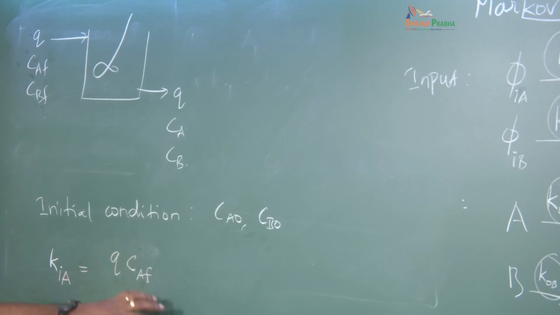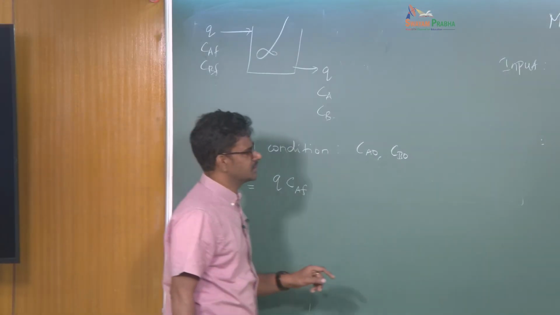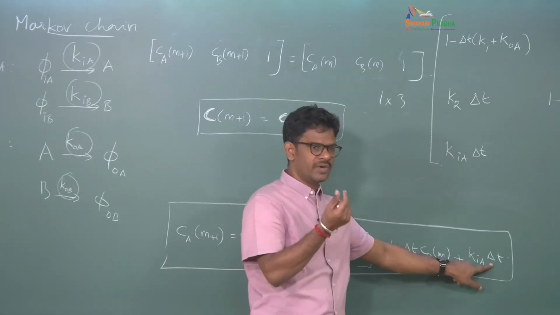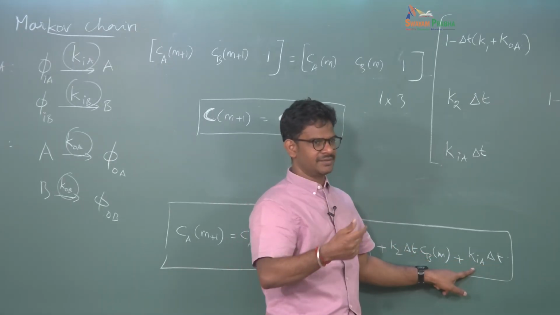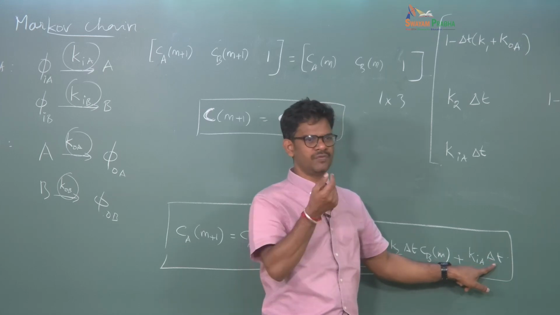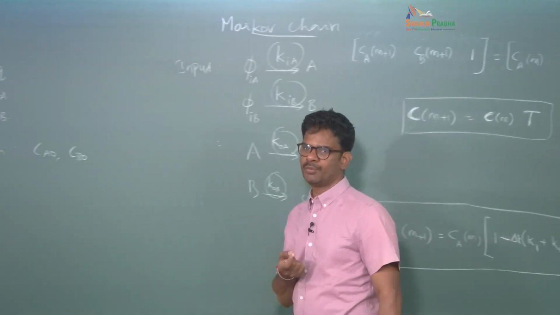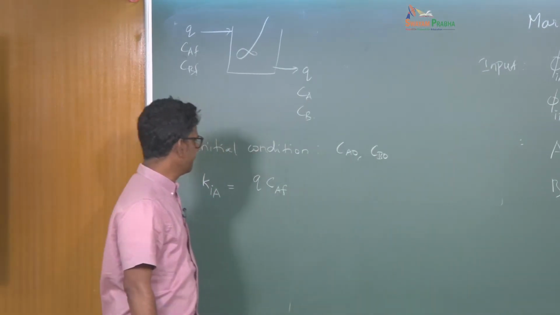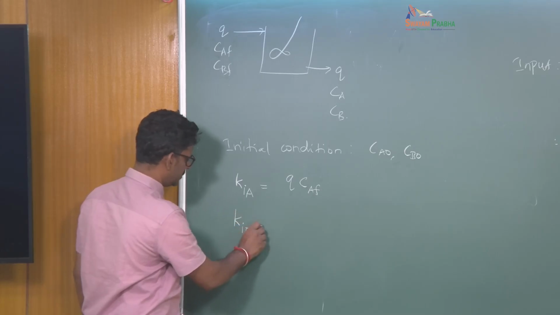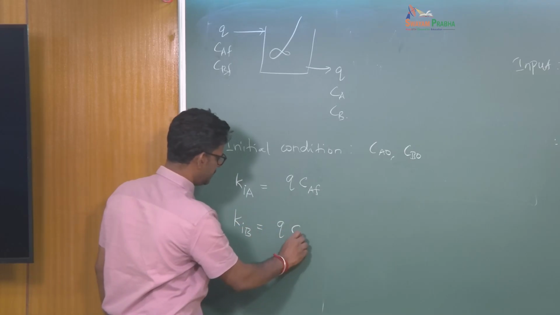So you get number of molecules per unit time or moles per unit time, depending upon whether you want to use concentration units or number of molecules. This tells you the rate at which it is added. When this number is multiplied by delta T, you are saying over a period of delta T how many molecules are actually added. Generally we choose delta T to be very small, so that only a very small number of molecules are added. Similarly, for species B, you would write Q times CBF.